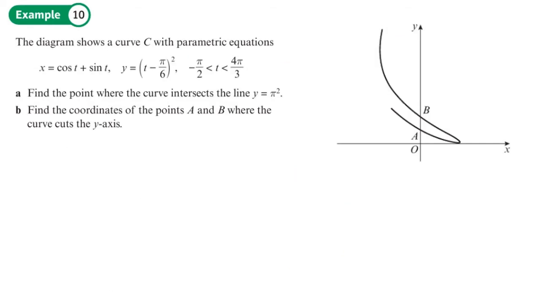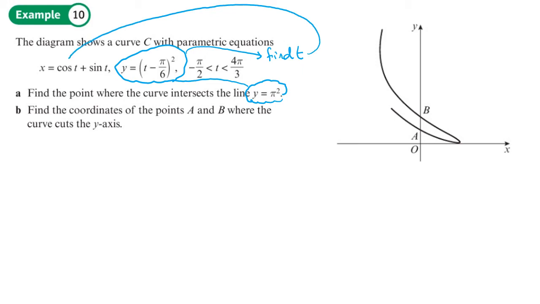Okay, so I would suggest the most straightforward way of doing this question is to substitute this value of y here. So I'll have pi squared equals that. Use that to find t. And then once we've found t, we can substitute that into here to find the x coordinate.